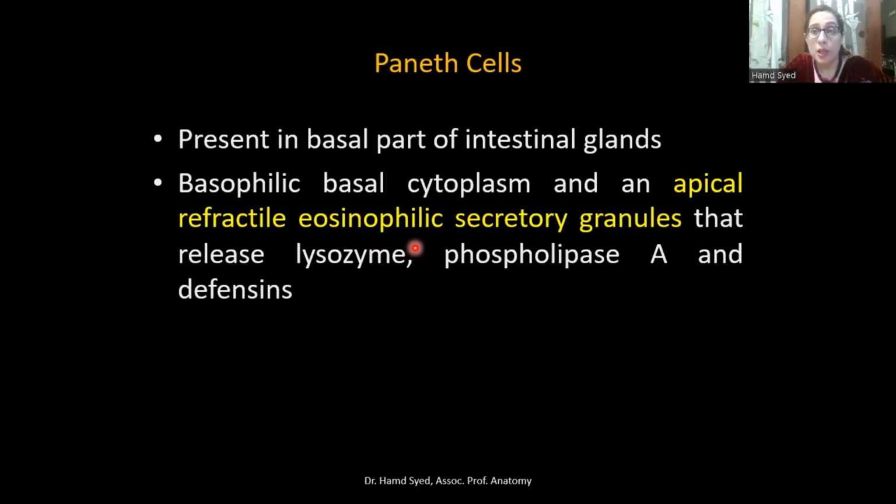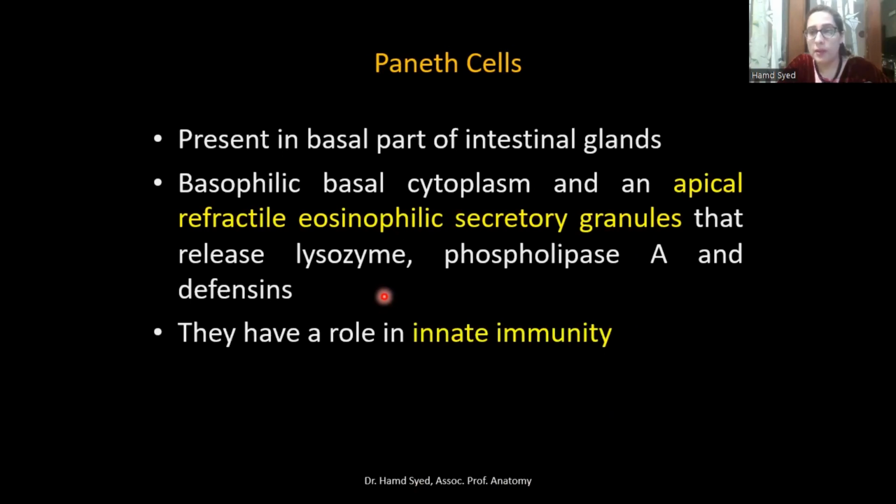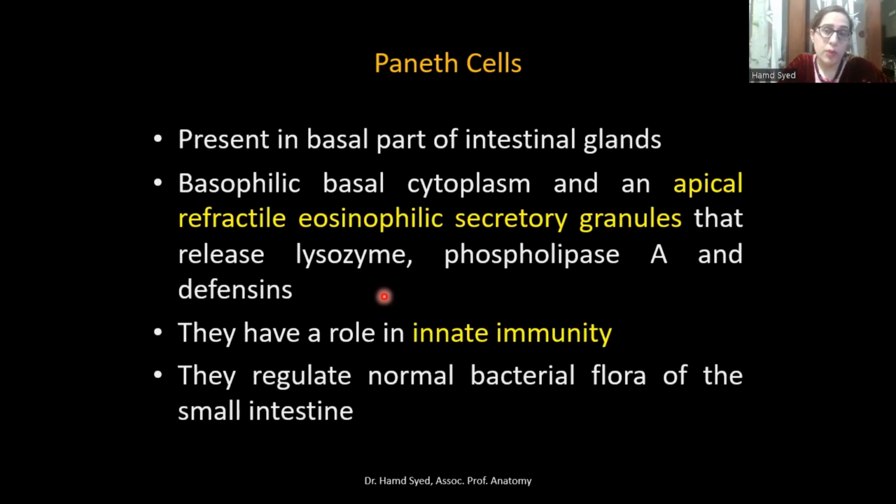So these are the highly pinkish refractile granules, and these granules contain the defense substances essential in immunity, that is lysozyme, phospholipases, and defensins. This means the Paneth cells have a role in innate immunity. Plus, they also regulate the normal bacterial flora of the small intestine.